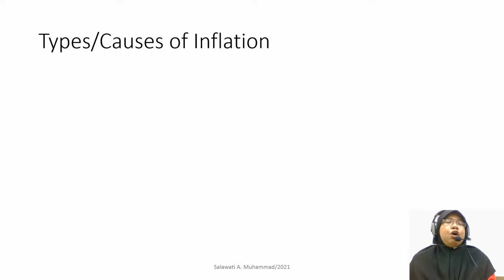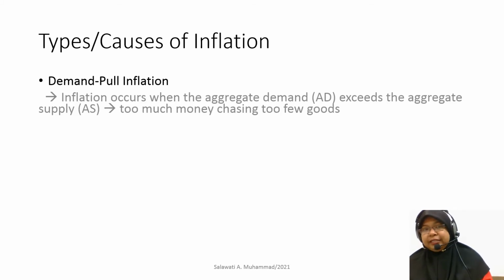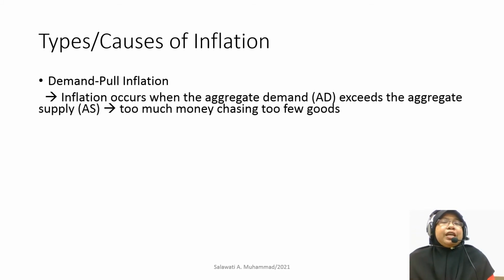Next, we go to causes or types of inflation. We generally have two causes: demand pull inflation and cost push inflation. We look at demand pull inflation first. Inflation occurs when the aggregate demand exceeds the aggregate supply, meaning too much money chasing too few goods.